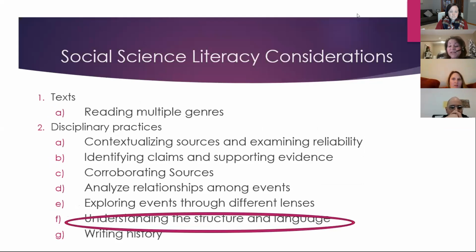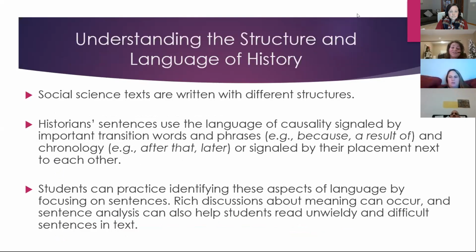The next one is understanding the structure and language. I really think this is kind of complex, yet it can open the door to real understanding of what they're reading. Social scientists and historians write in one or more of different structures. Some describe an event. Some give a problem and a solution.